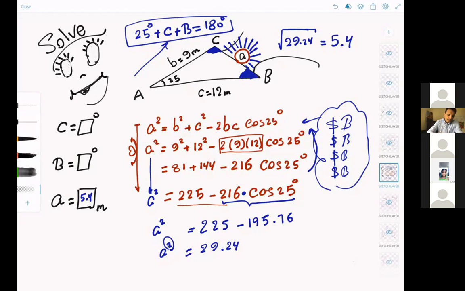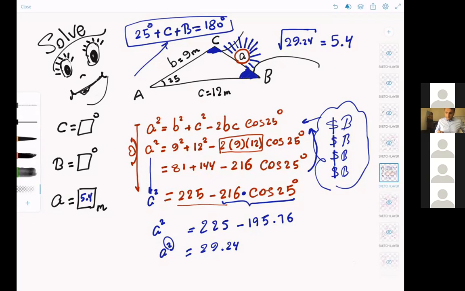Edison, what do you think? Law of sine. Wow, very good, Edison. So we want to use subtract from 180, but we have two unknowns. So you need to use some advanced formula.